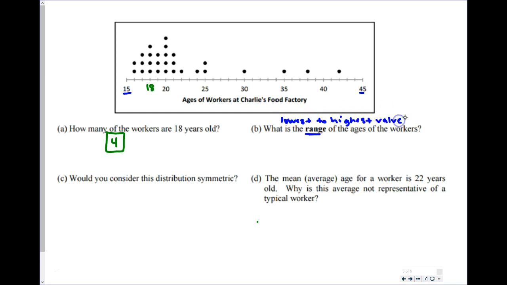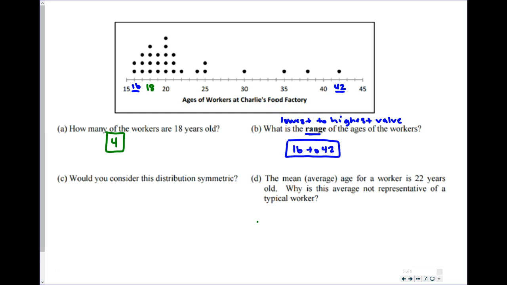Not the lowest and highest number on your scale. So lowest to highest number is actually this 16 right here and this 42. So the range is 16 to 42, right? The youngest worker is 16, the oldest worker is 42. That is my range, so be really careful with that question.